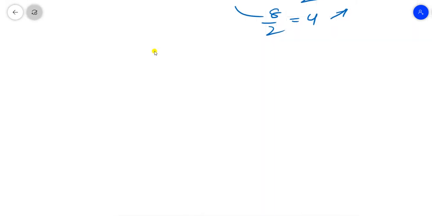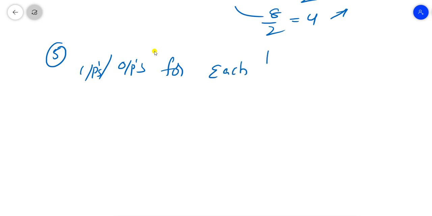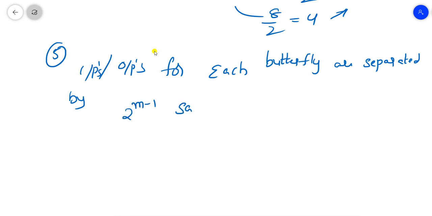Step 5 is nothing but the input output sequence. The step 5 sequence is nothing but the inputs and outputs for each butterfly, which are separated by 2 to the power of m minus 1 samples, where this small m represents the stage index.